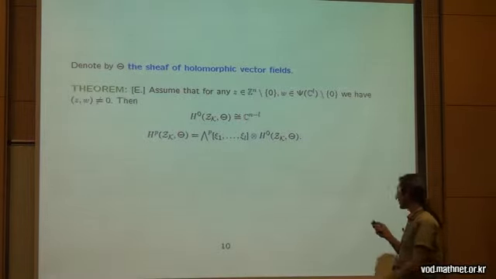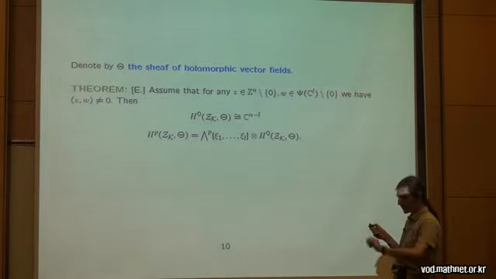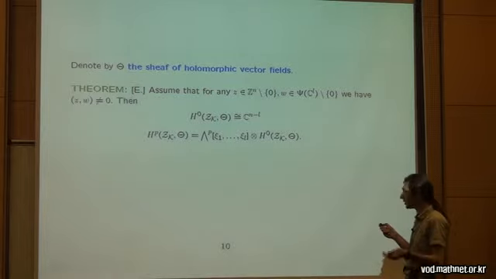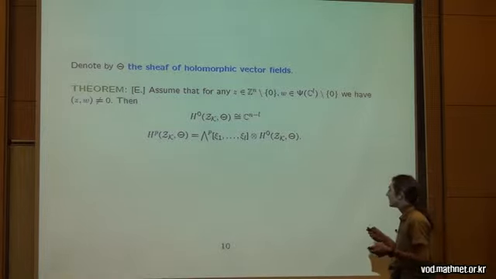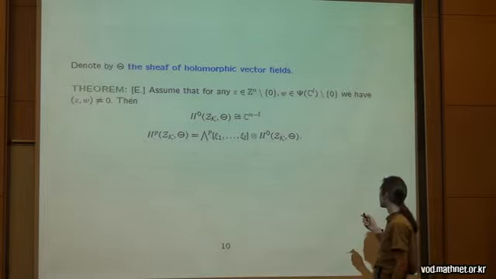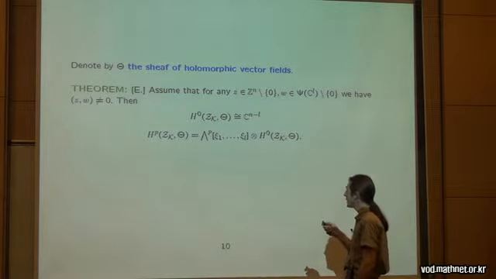Okay, and now I would like to say some words about the sheaf cohomology groups of holomorphic vector fields. Assume that some additional conditions hold for our map psi, and actually this condition holds. In this case, we have the following results.